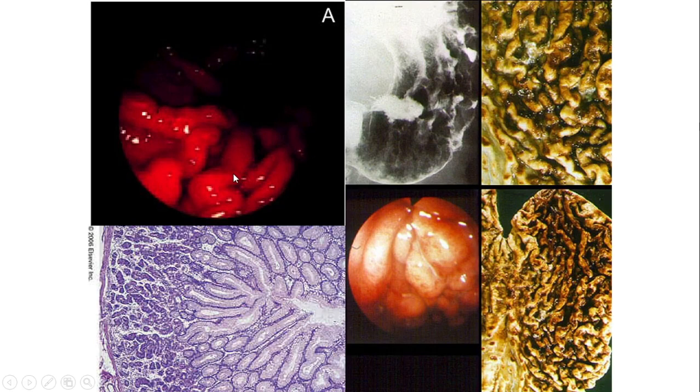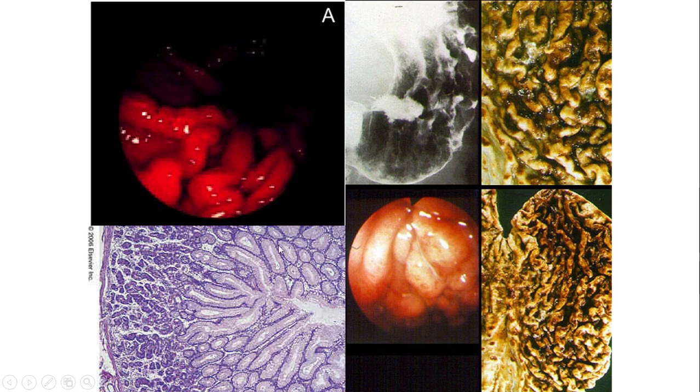So in hypertrophic gastropathy, there is enlargement and prominence of gastric rugae. These are endoscopic pictures to demonstrate enlargement or giant rugal folds of the stomach.